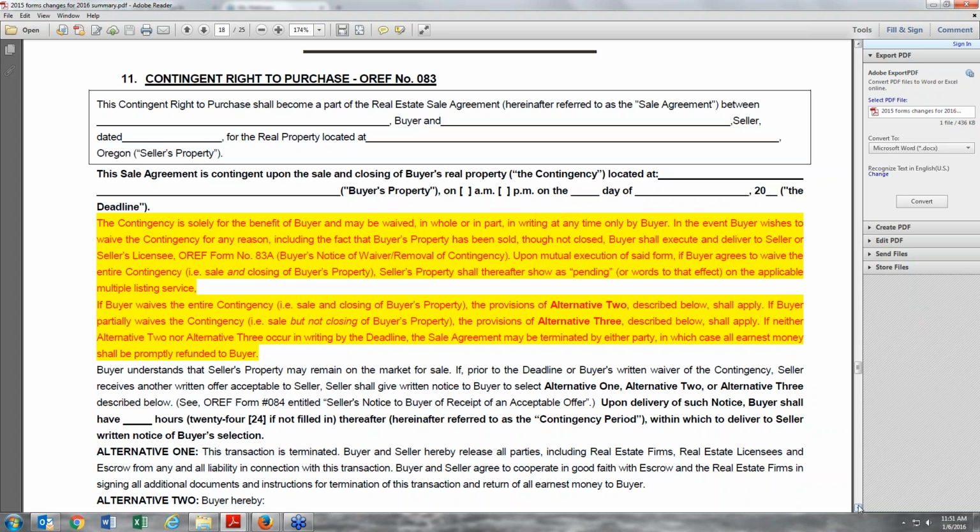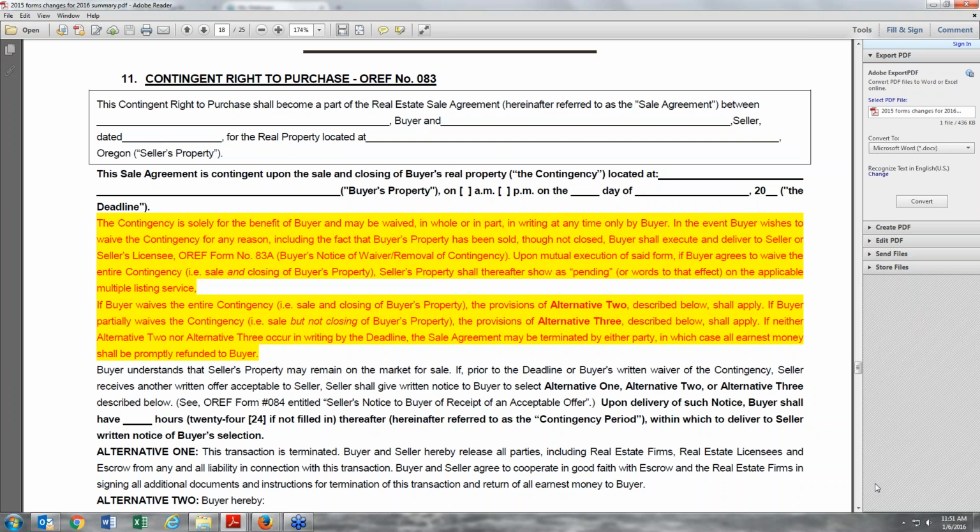And I would like to make a correction here in the contingent right to purchase section under the discussion. Let's see, where is it? Oh, it's down in the comment section.